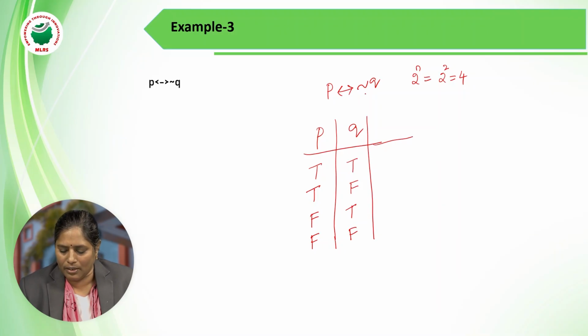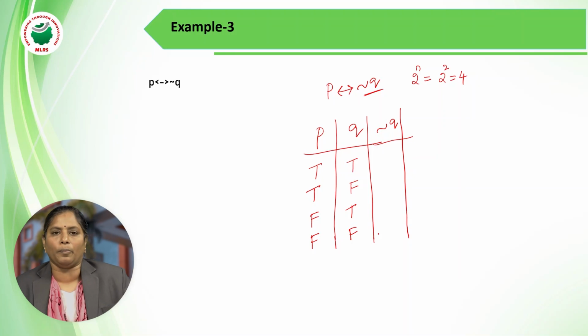First I am finding the negation Q value. What is the negation operation? Negation means the not operation. If the statement is true, the negation statement will give false. If the statement is false, the negation statement will give true.